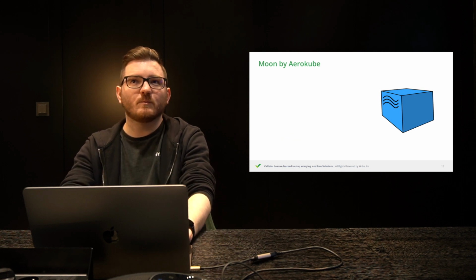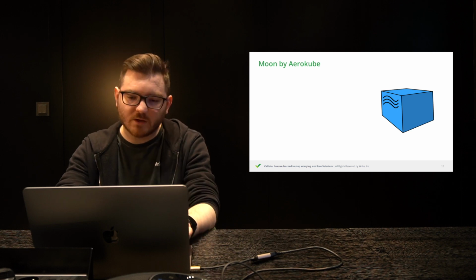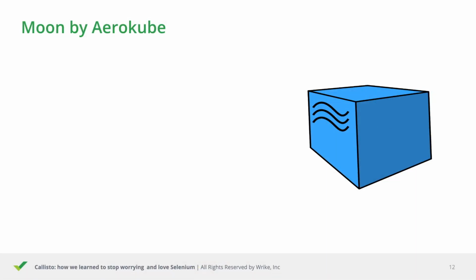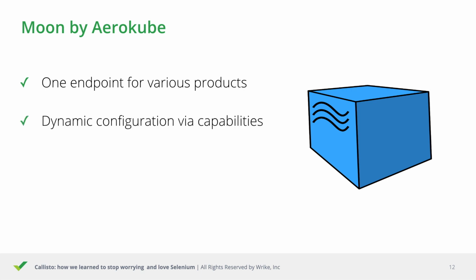So, when you consider using Moon, you get one central testing endpoint for all your products, all your teams. This endpoint is dynamically configurable via some sort of Selenium settings, capabilities. And all your teams can use this endpoint.